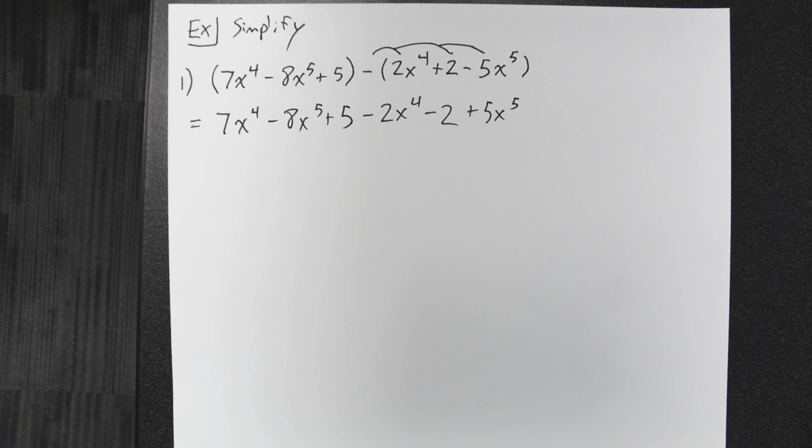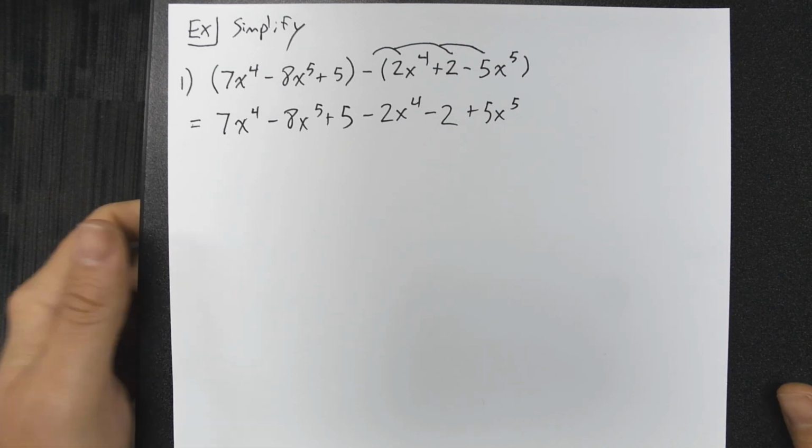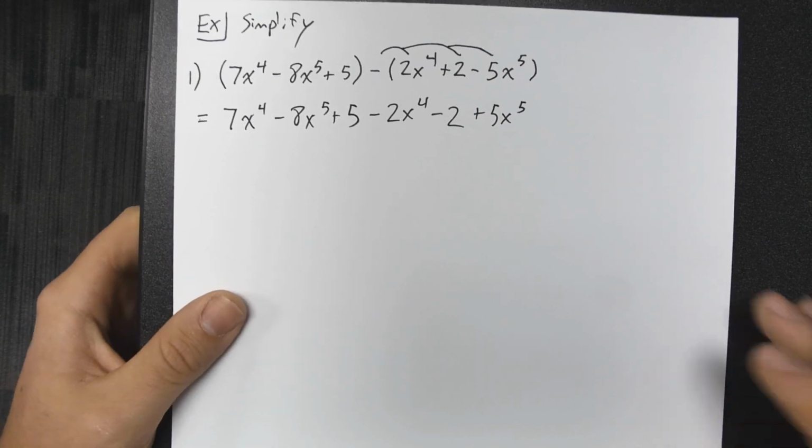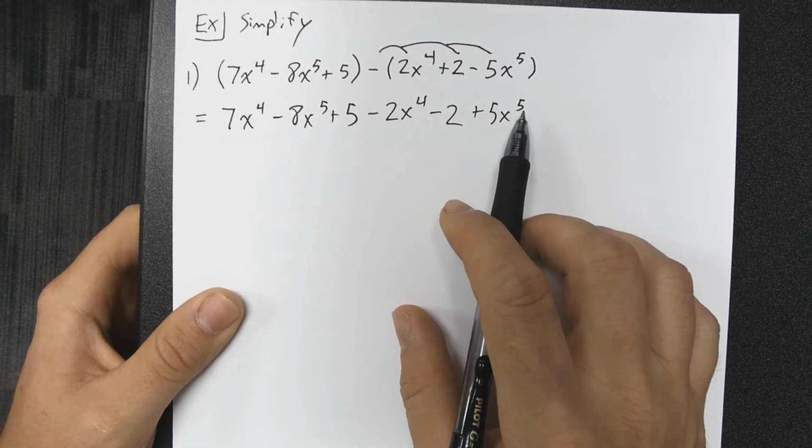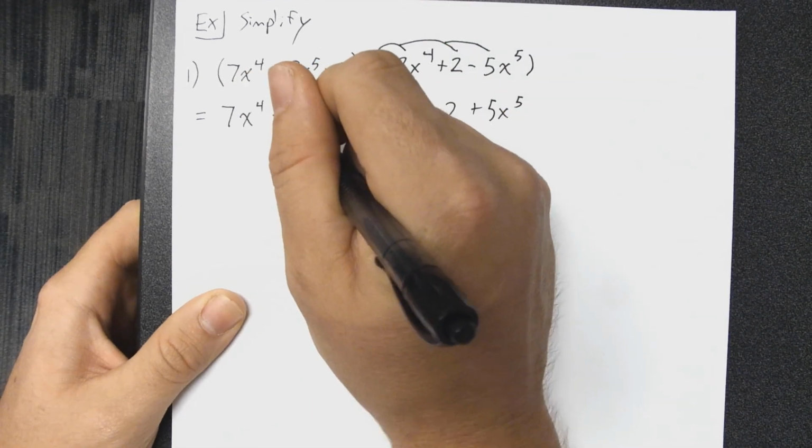We're now going to start combining like terms, and we normally write in standard form, or what we call descending order. For descending order, we start with the largest exponent first. Notice the biggest exponent here is 5, so I'm going to combine my x to the fifths.